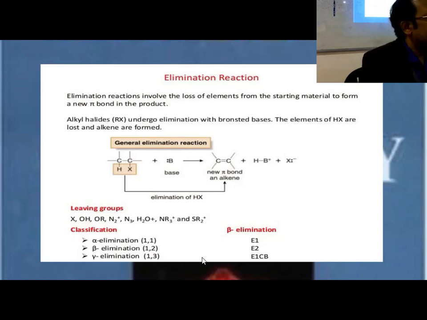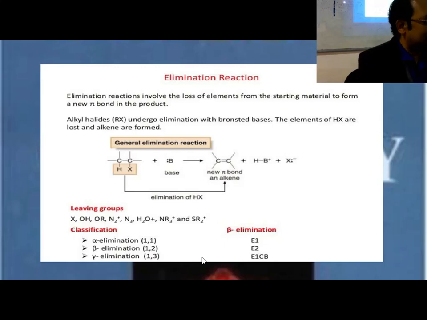Remember, long back you studied these things. CH2Cl, CH2Cl: you give zinc dust and heat, getting CH2=CH2. So this reaction is called 1,2 elimination, because it is removing from both carbons, both halogens getting removed from 2 different carbons. This is one type of elimination.